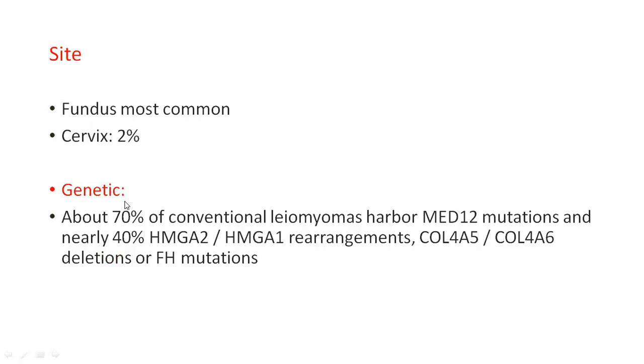Even though the leiomyoma is benign and the most common, it has a clonal origin. In 70% of the cases of the conventional leiomyoma, it harbors a point mutation in the MED12 gene, or in 40% of the cases it has HMGA2 or HMGA1 rearrangements, or in some cases it might have COL4A5 or COL4A6 mutation as well.